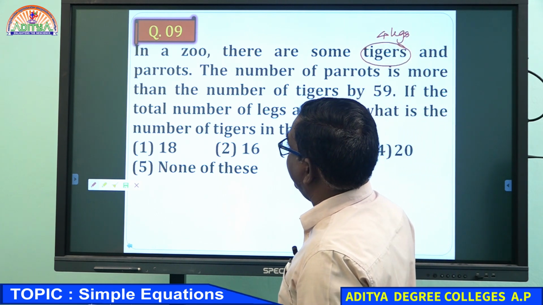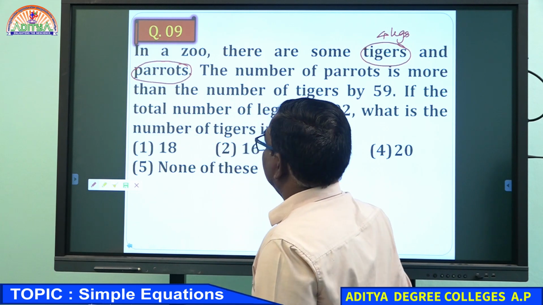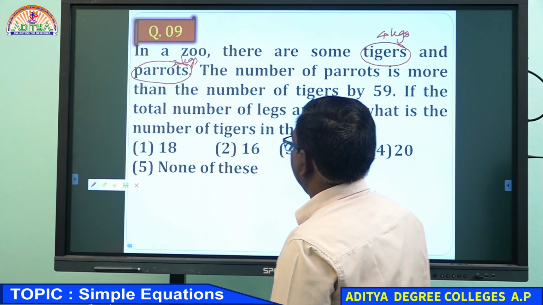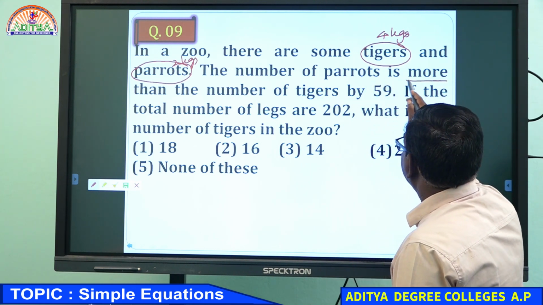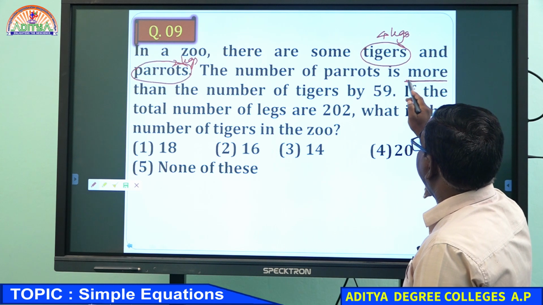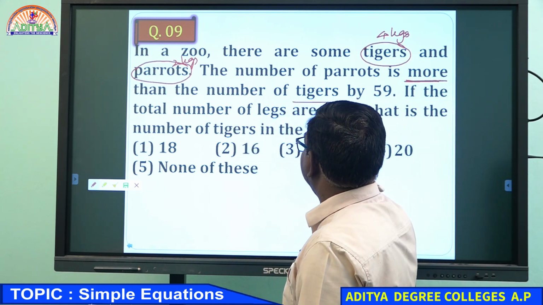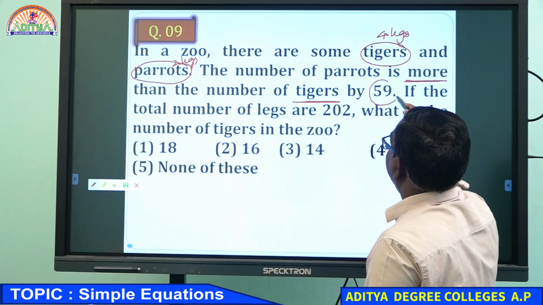And what about parrots? Parrots will be having 2 legs. Now, what is the question given there? The number of parrots is more than the number of tigers, and the difference is given as 59.